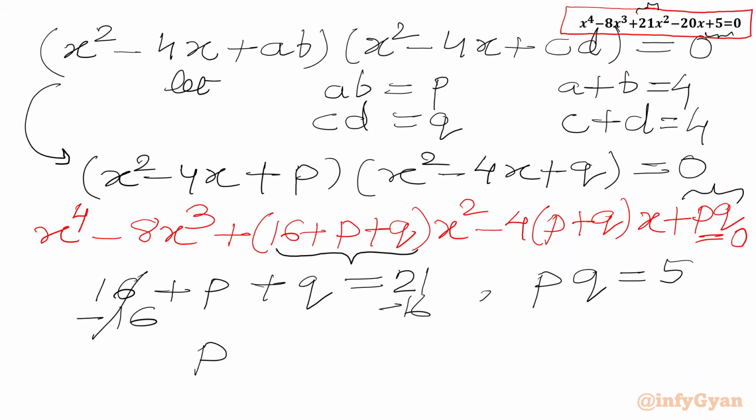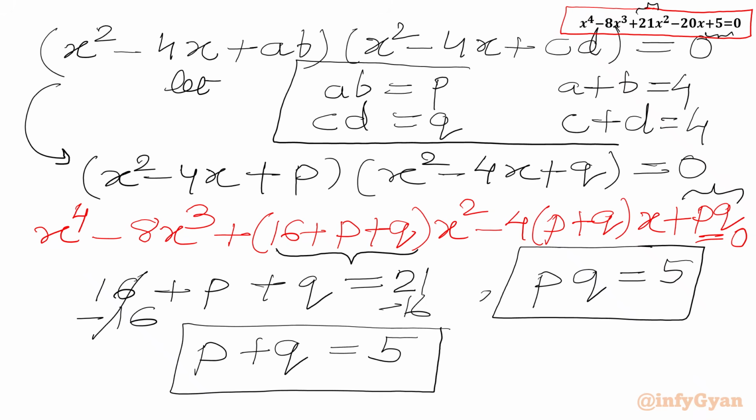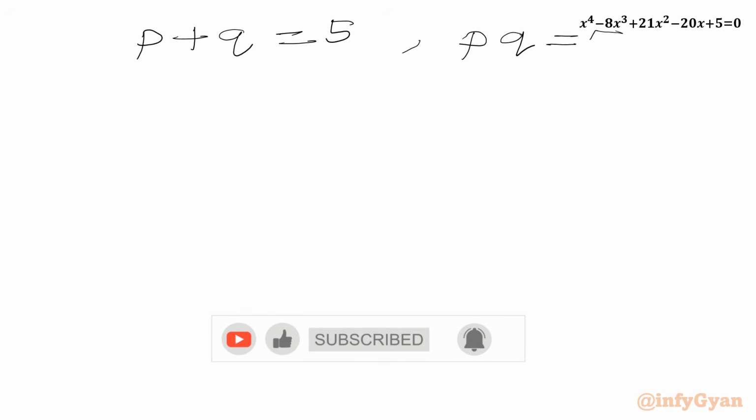We will get p plus q value equal to 5. P plus q is 5, pq is 5. We are going to find the values of p and q. Once p and q values are known, we will find a, b, c, d.